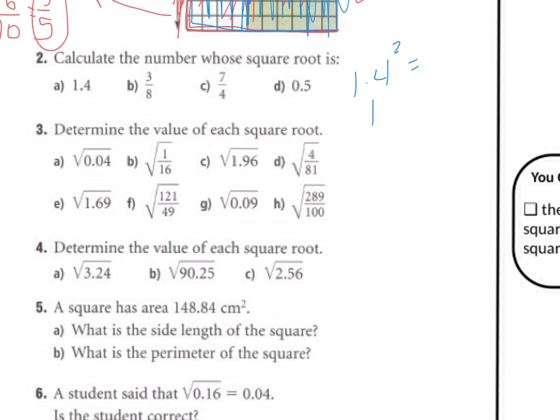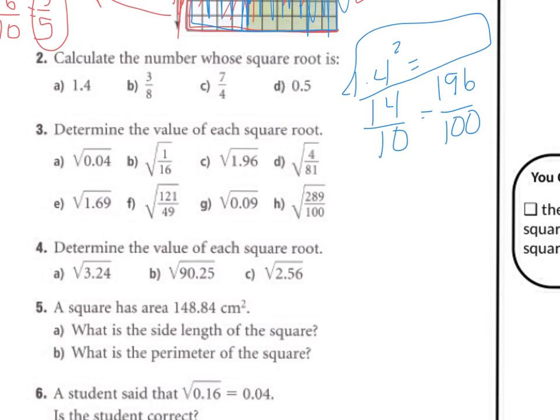We could also go 14 over 10, which will give us 100 on the bottom, and 196 on the top, or we could have just gone this route and got our 1.96. Either way, you get the same answer. This is 1, and the place value is in the hundredths, so that works.